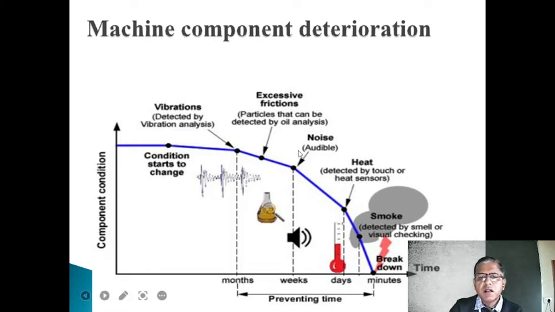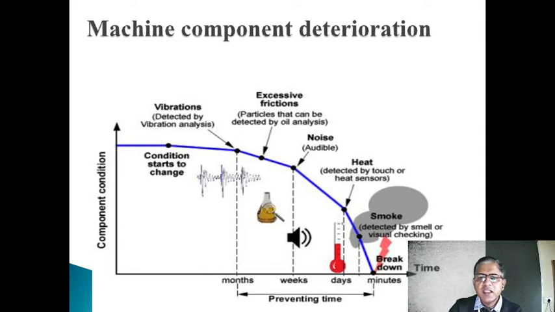Then if it further deteriorates, it starts creating noise, and if it is still not attended to, a lot of heat is generated because of the friction. So the temperature of the component goes on increasing, and if it is still not attended to, smoke comes out from the component and the component fails. So this is the machine component deterioration over a period of time.